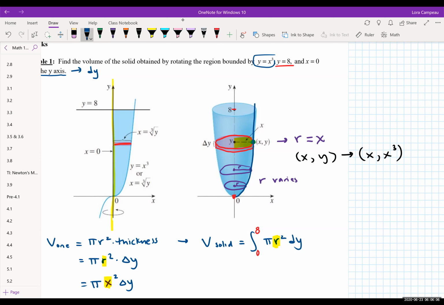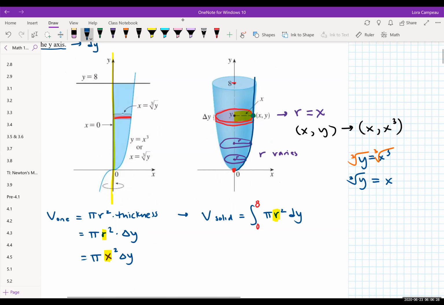If R is equal to X and Y is equal to X cubed, we now can write X in terms of Y. So then what we do is we solve for X. That would be taking the cube root of both sides. So we should get X is the same thing as the cube root of Y.